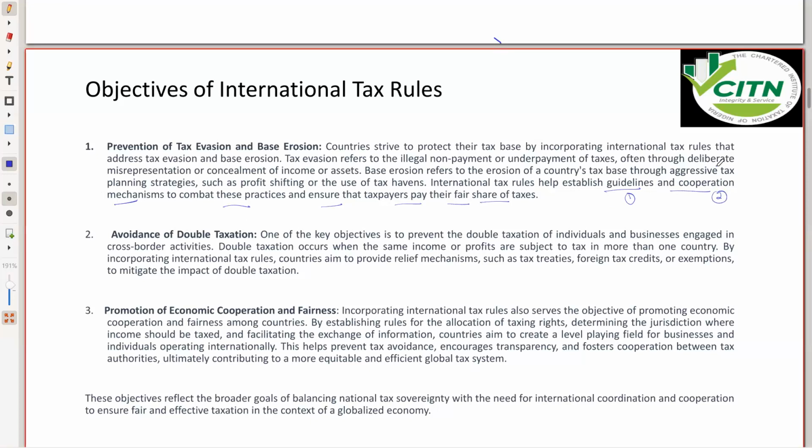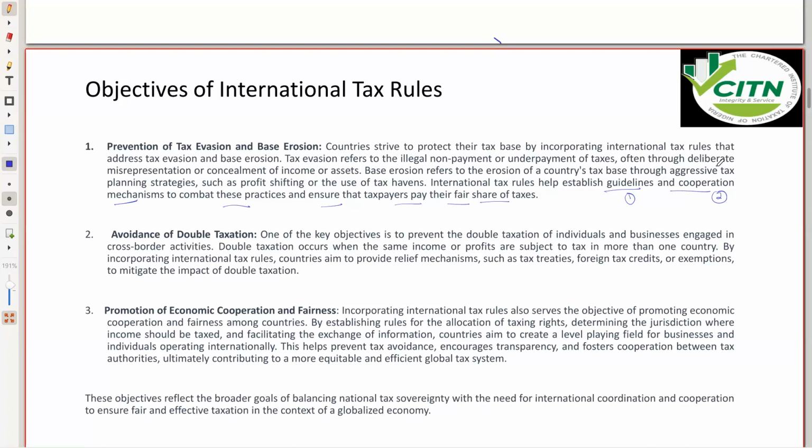In as much as you don't have access to data around certain transactions for a foreign company, any money from Nigeria, the same thing with a Nigerian company, any money abroad, the foreign company might not have enough data around some of those transactions. So what countries will typically do is to establish a form of MOUs, a form of cooperation that allows for exchange of data, exchange of information.